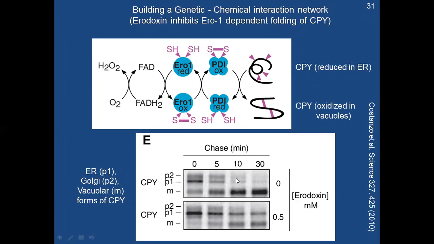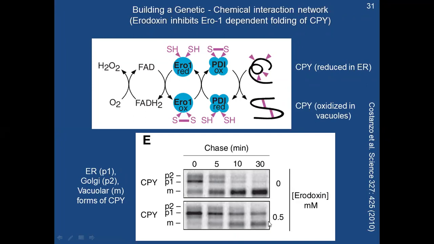But if you wait long enough, it ends up in the vacuoles, and therefore you see nothing much on the top. But if you use erodoxin, at again a pretty high concentration, 0.5 millimolar, you see reduction of the vacuolar component.